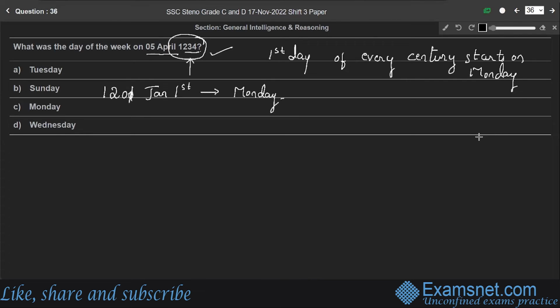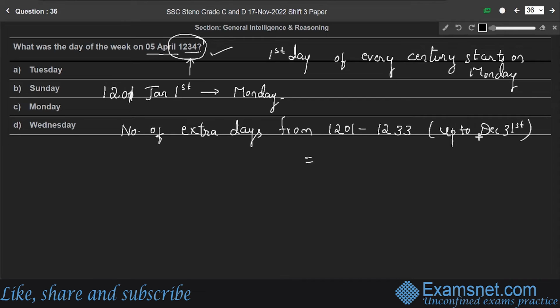So we'll consider the number of extra days, or odd days, from 1201 to 1233, up to December 31st.